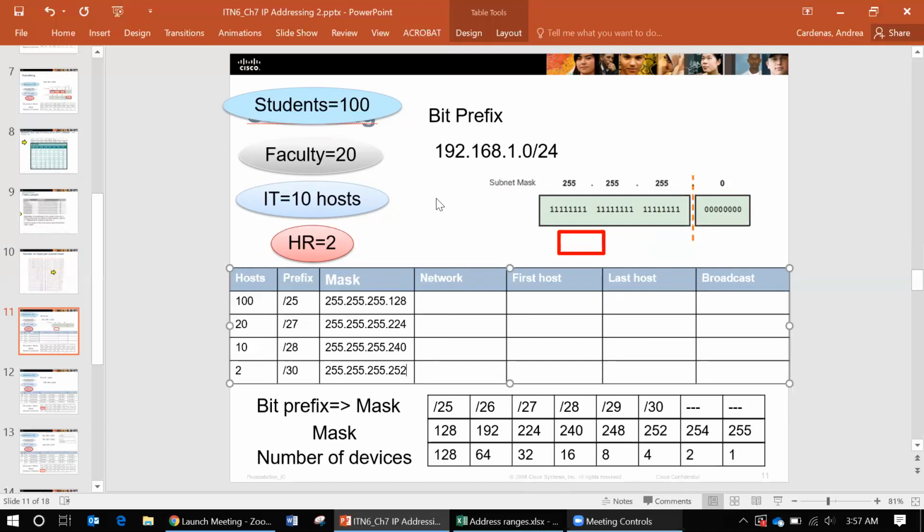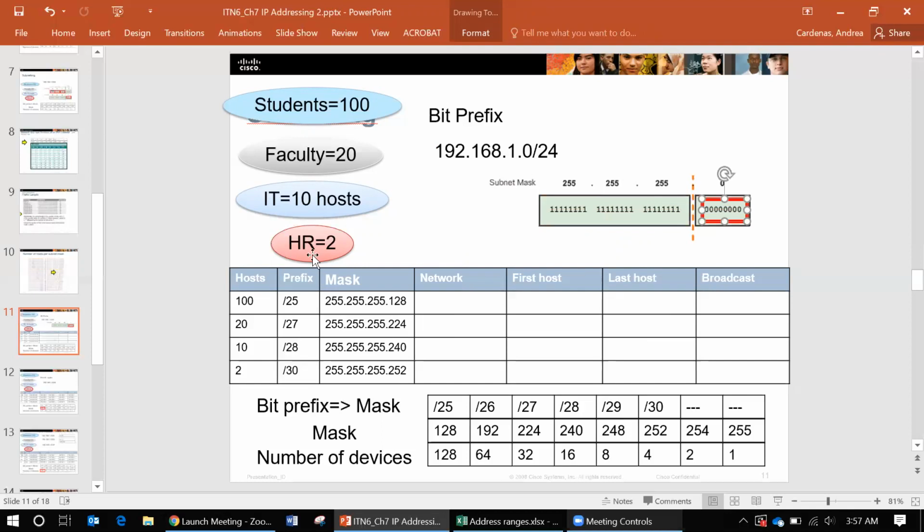So now you know what the mask is. You know what part represents the networks and what part represents the hosts. This is the network part, all the ones, and of course we're using a /25, a /27, and a /28. So now it's not all zeros because we're subnetting now.